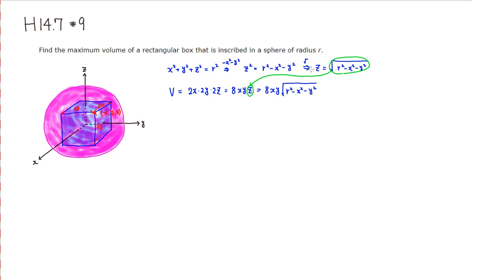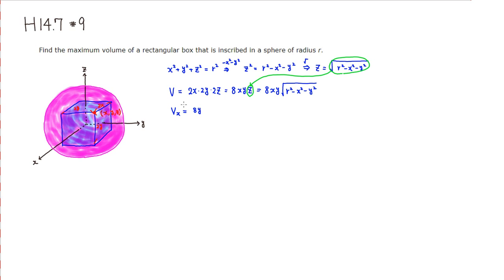In order to find the maximum volume, we're going to find a critical point. So we take the partial derivative of the volume with respect to x. With respect to x, 8y is just a number, so I'm going to put 8y out here.